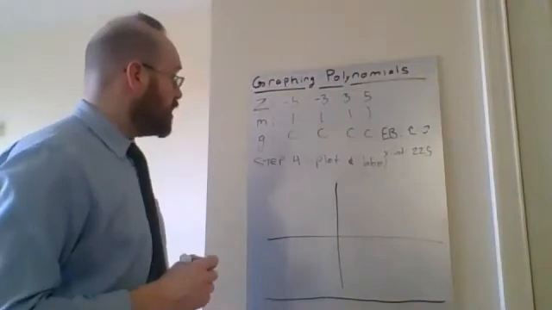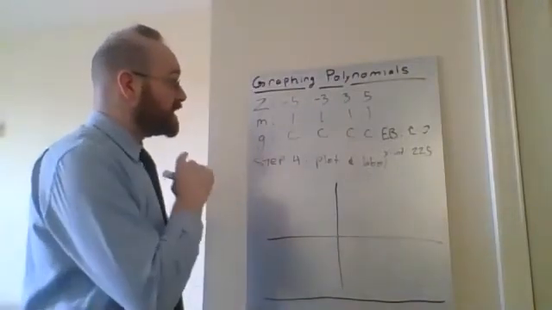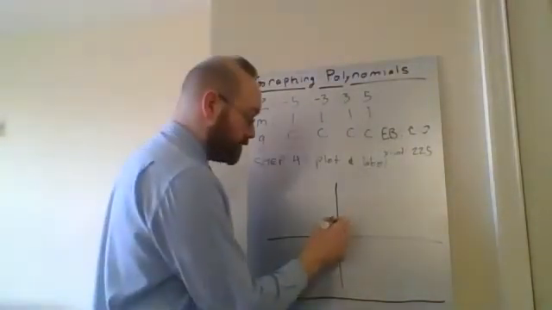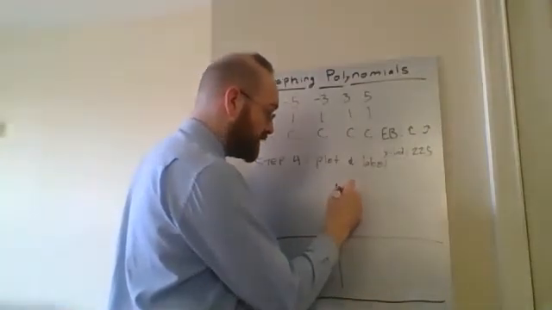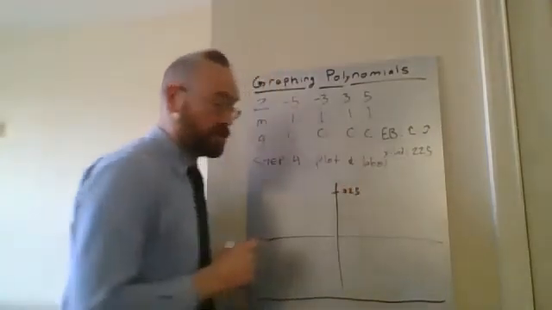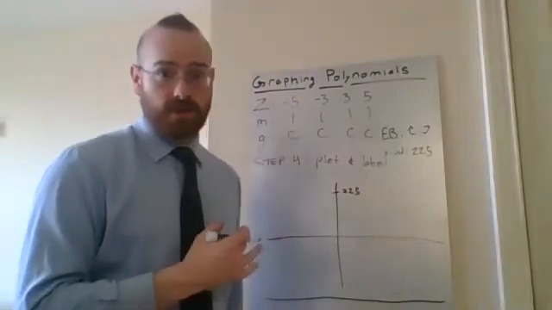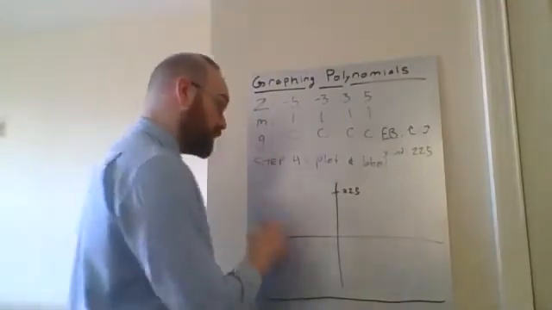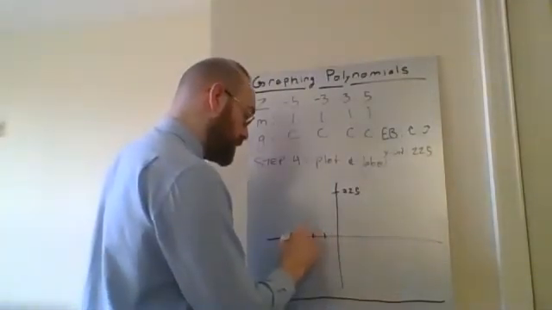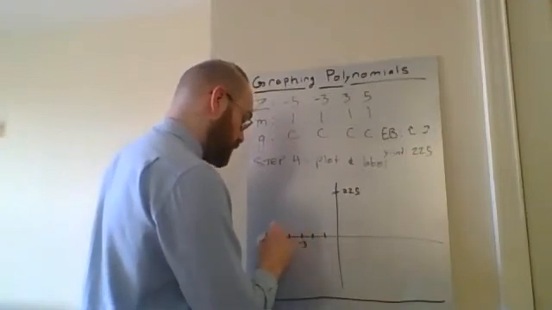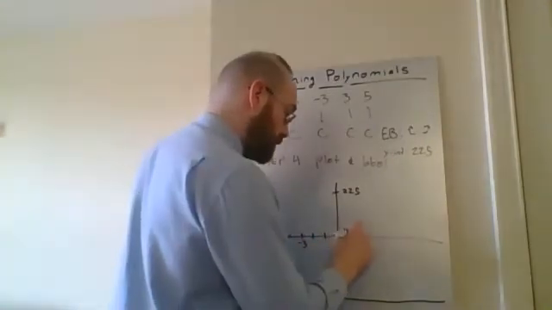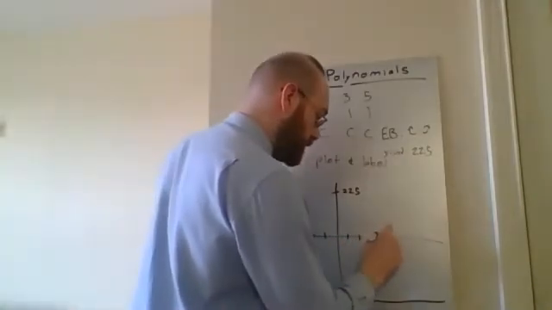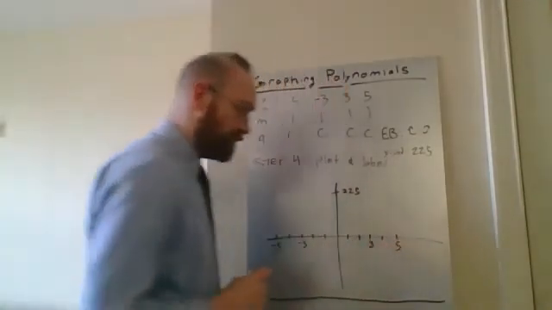Back in business. All right, so we need our y-intercept. I'm going to arbitrarily say this point up here is 225. I'm not going to make 225 little tick marks. So negative 1, negative 2, negative 3, negative 4, negative 5, positive 1, 2, 3, positive 4, positive 5.